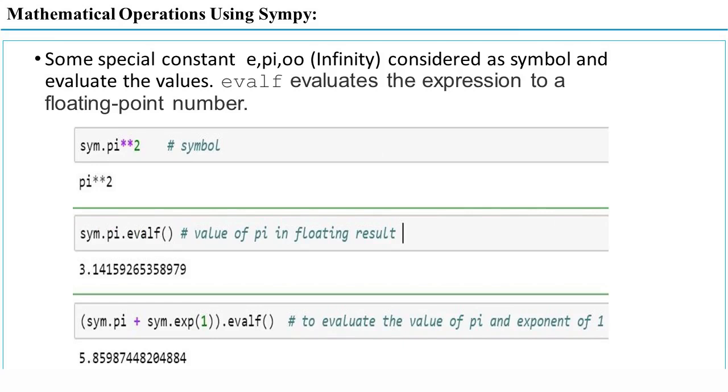Some special constants like e and pi are considered as symbols and evaluate themselves. Evaluate evaluates the expression to a floating point number. So you have various examples. When I say sim.pi**2, pi squared, then sim.pi.eval of f evaluates the value and gives you the result.